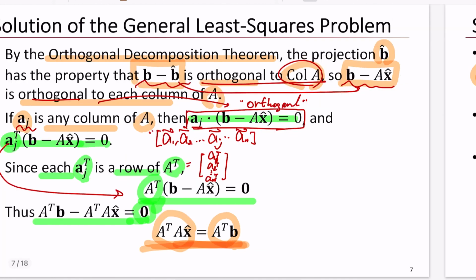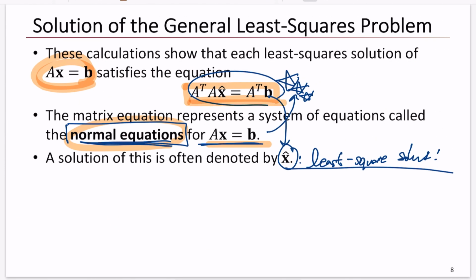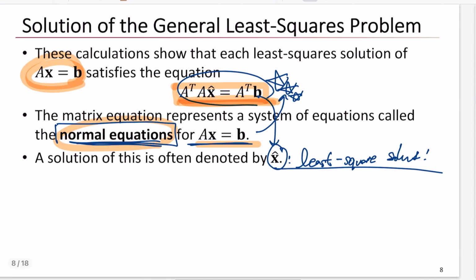This equation is called the normal equation. In other words, the solution of this normal equation is called the least squares solution.